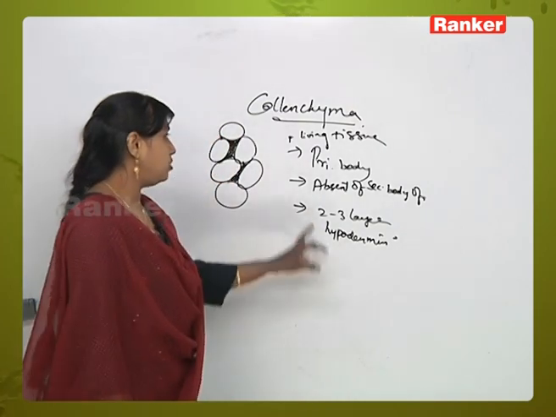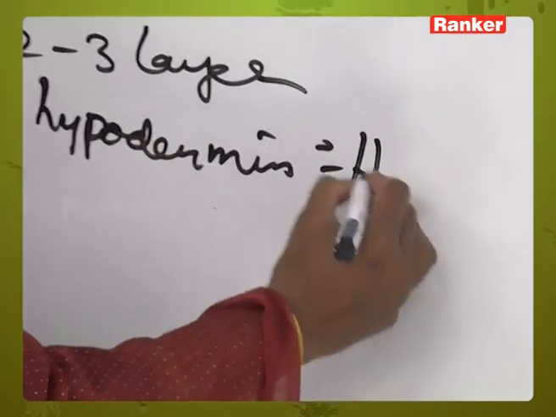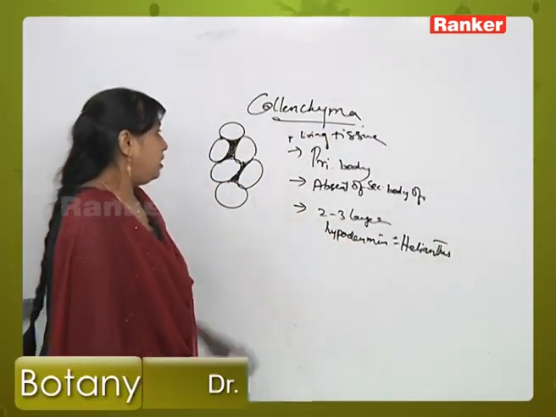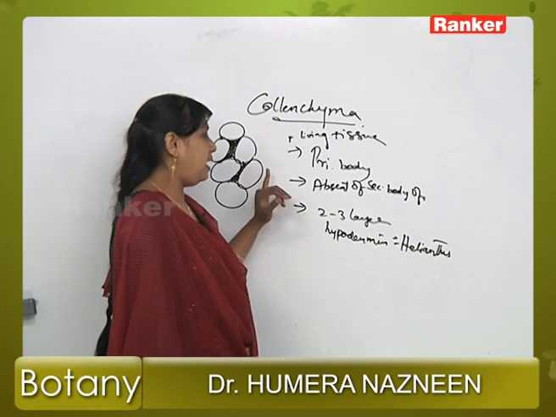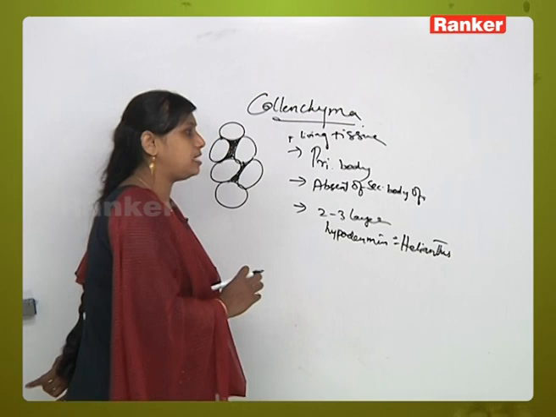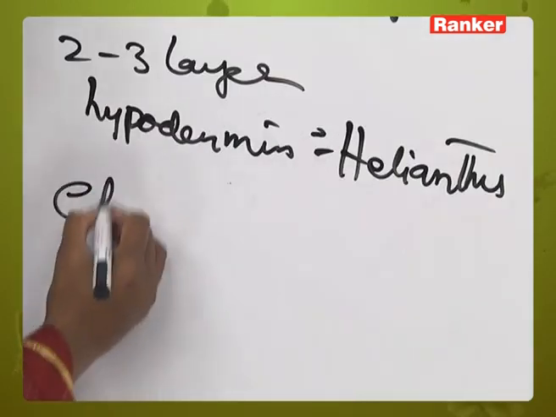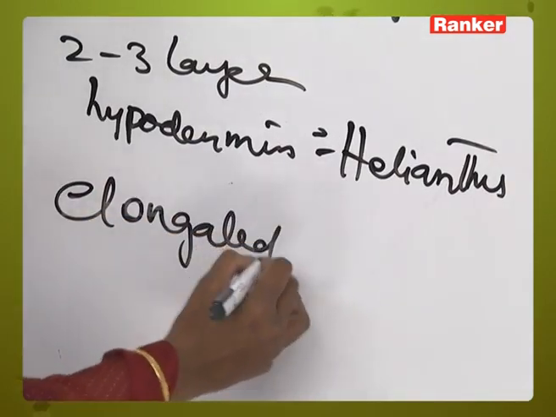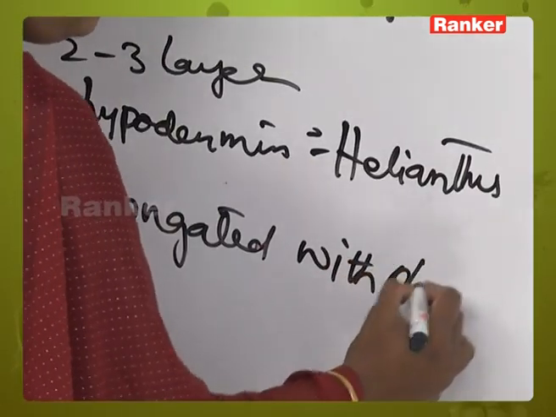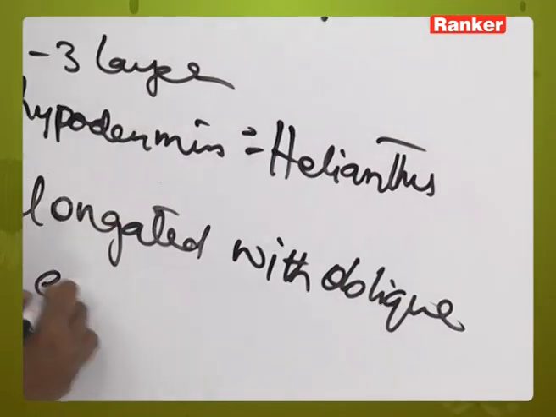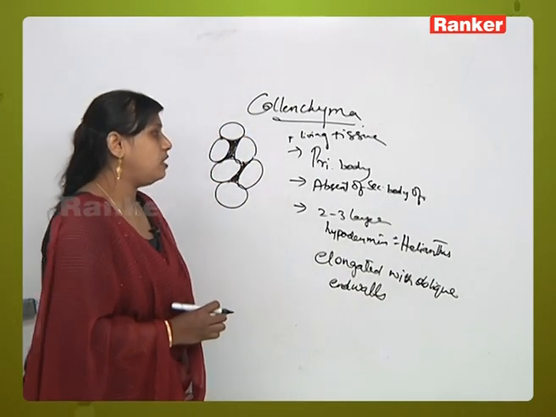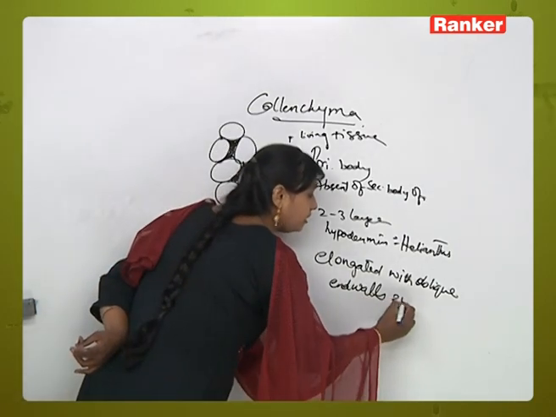For example, you can see this clearly in Helianthus, sunflower. These are thick walled cells, and the shape of the cell is generally elongated with oblique end walls, and the length is generally 2 millimeters.